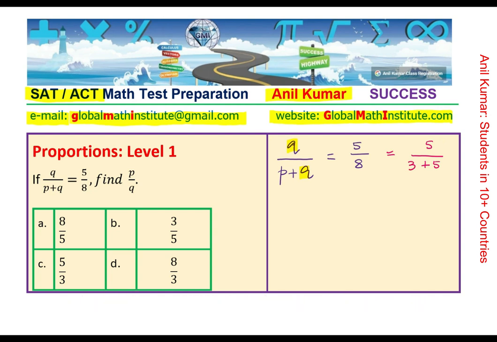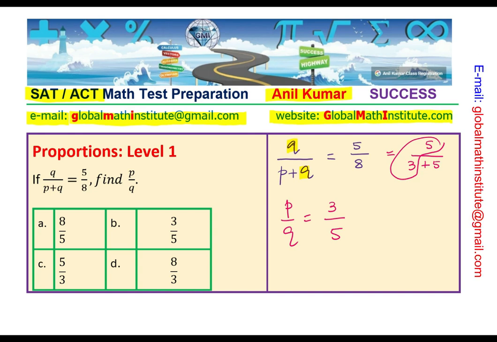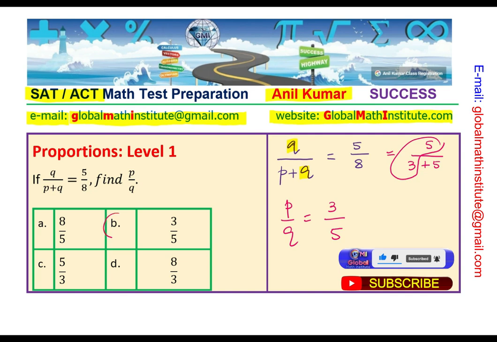It is 3 plus 5, right? So clearly, from here we know the ratio which we are looking for is P over Q. So we can say P over Q is 3 over 5. Makes sense. So that becomes a direct approach by looking at the numbers. Many times, this is the most effective approach, right? So we get option B as the answer.